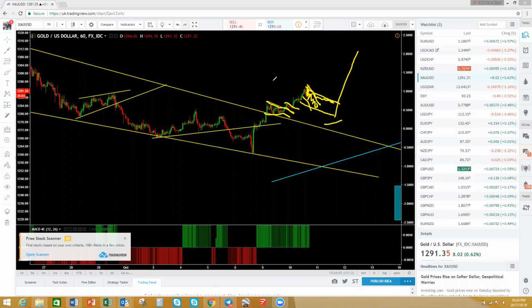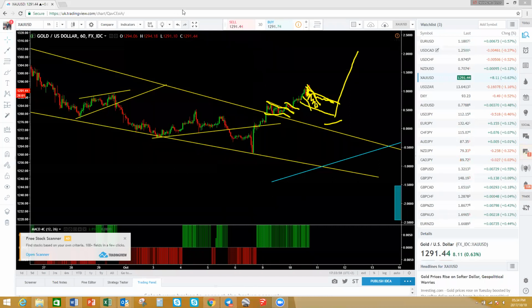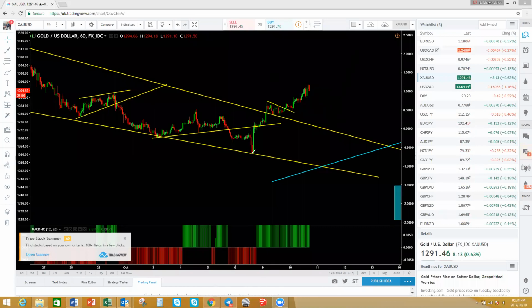So that's gold. We're not sure if it's ready to go there because it may just do this. This may just be a three-wave pullback. This is where we are now. It may just be a three-wave pullback. You can see that we've got a 1, we've got a 2, we've got a 3. And at equal legs, this thing may just reverse. And we'll know that it is reversing when it does this.